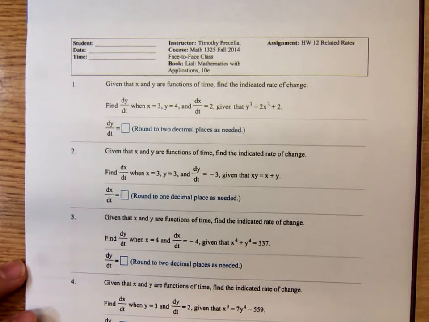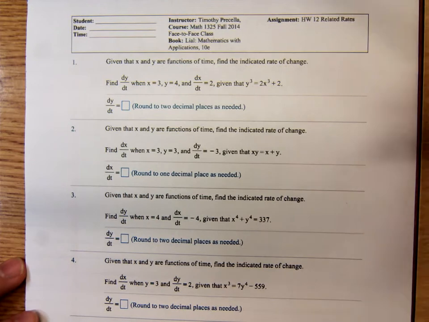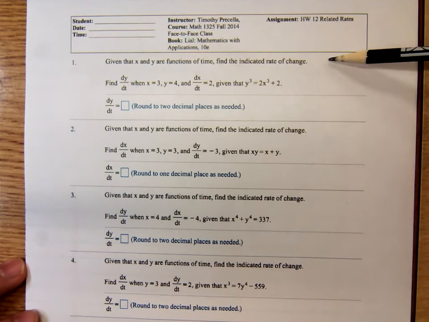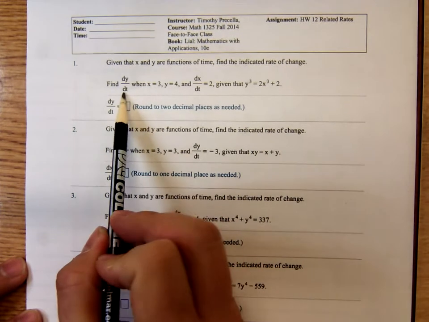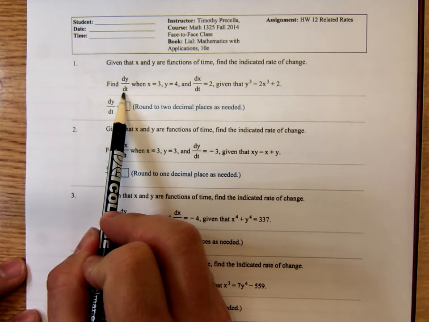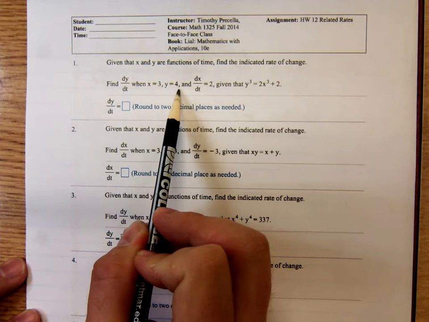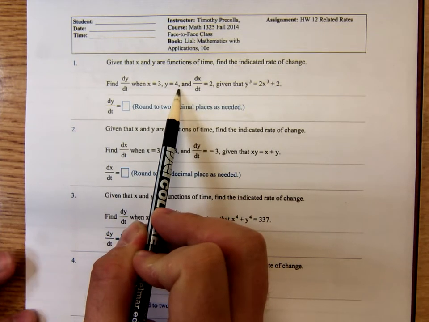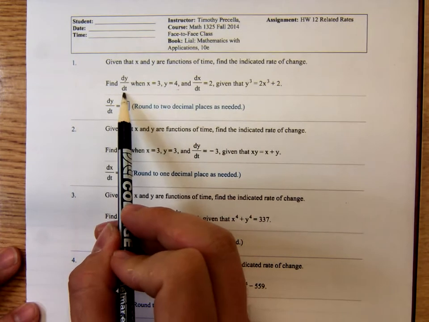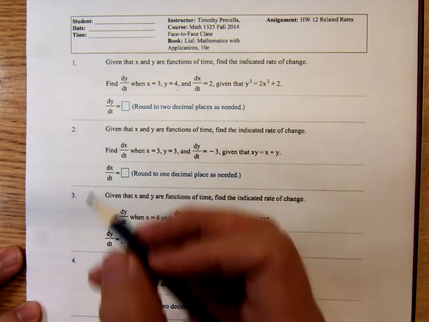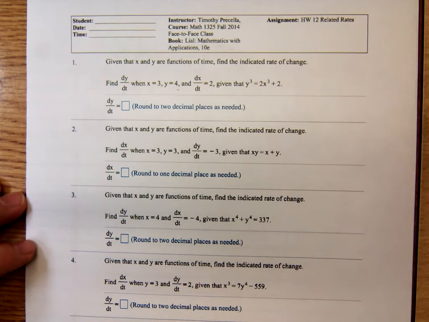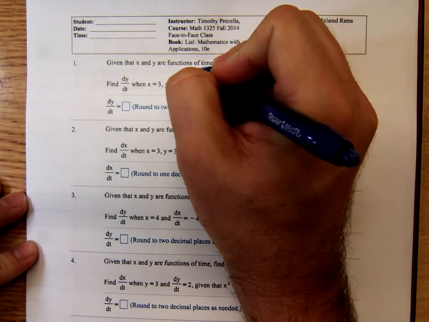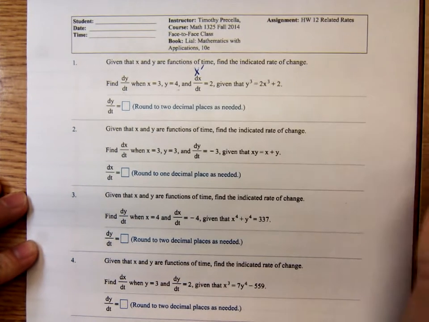I have some homework problems here that I printed out, and I thought we'd do a few. Given that x and y are functions of time, find the indicated rate of change. On number 1, they want us to find dy/dt. Every time you differentiate an x, you'll be picking up an x prime, which is a dx/dt.